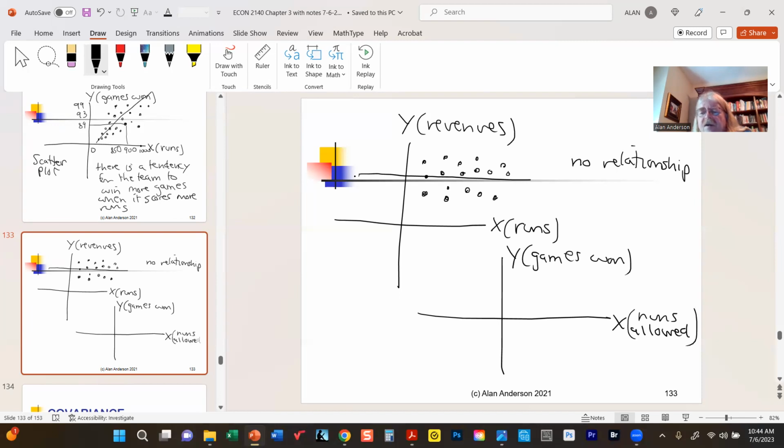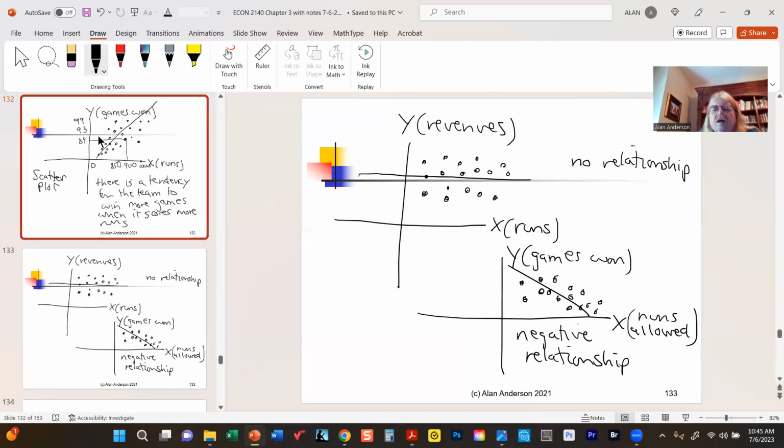This is very different than the first case because more runs allowed is the surest way to lose games. In other words, the worse your staff ERA is, the more games you're going to lose. So here we have a negative relationship between the two. And in the first case, there was clearly a positive relationship.